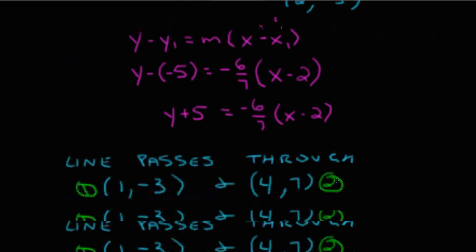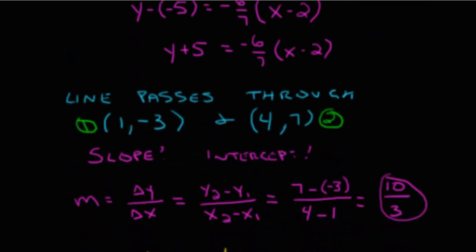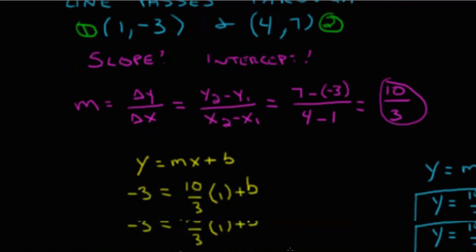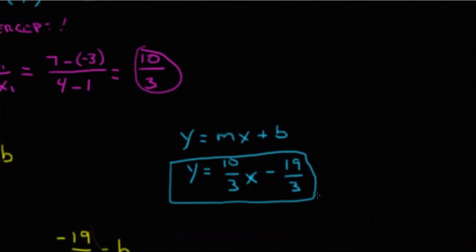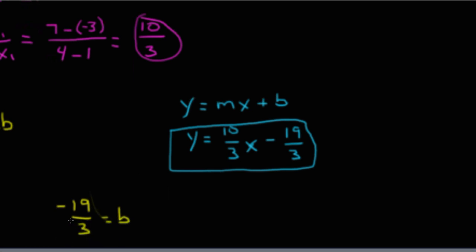If you're given 2 points and asked to write it in slope-intercept form, then you find the slope, you find the intercept, and then you plug those into your slope-intercept equation to write your line in slope-intercept form.